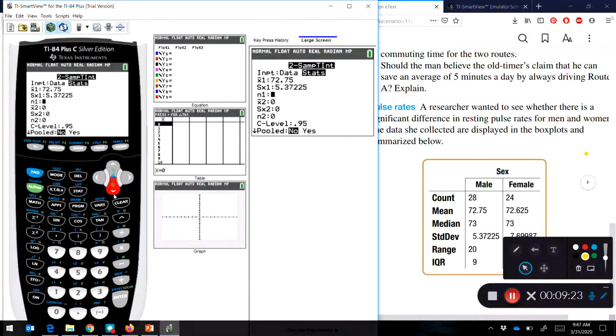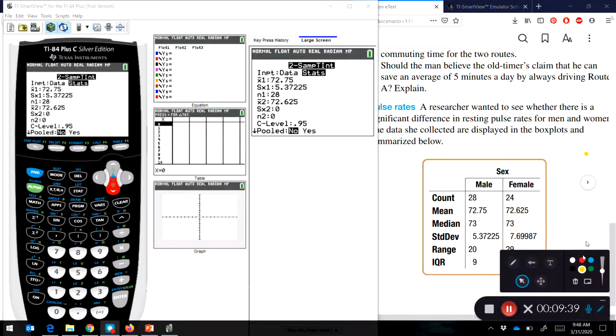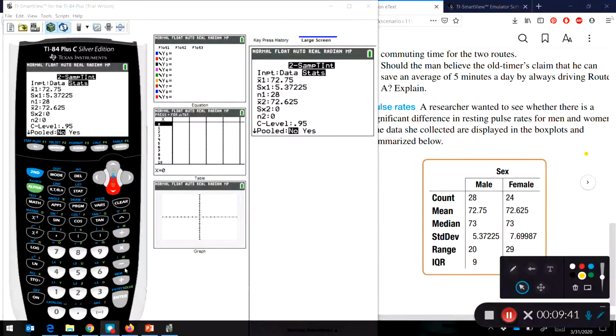And the number in that sample is 28. And then our second mean is 72.625, and the standard deviation there is 7.69987. And the number in that sample is 24.